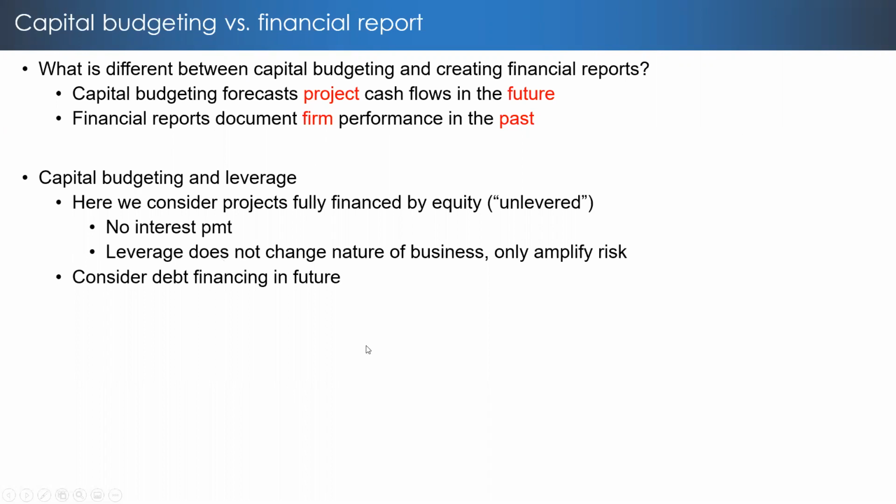Another thing in capital budgeting, which is very different from financial reports, is that for now we don't consider leverage. We don't consider leverage in capital budgeting, meaning that we don't care where the money for the investment is from, whether we sell equity to raise the money or we borrow by increasing debt to raise money for the investment.